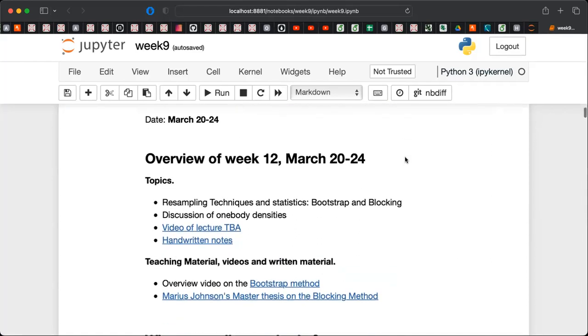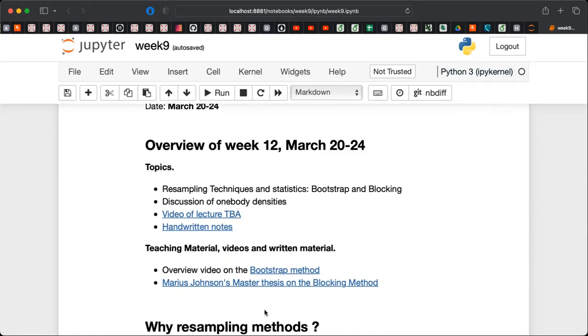The codes actually for the blocking method are based on Marius Jonsen's master thesis. So Marius is actually completing his PhD at Cambridge in the UK. And he actually came across the topic for his master thesis when he was following this specific course.